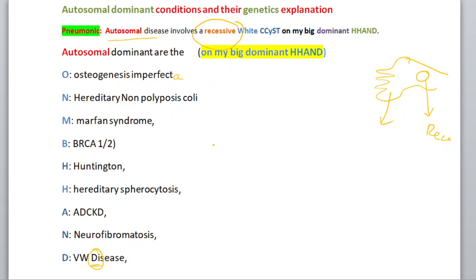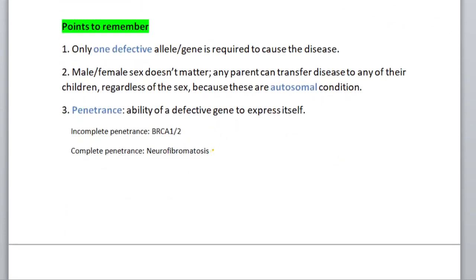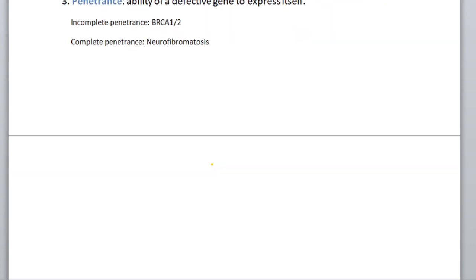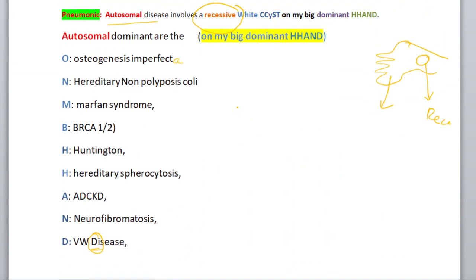The next thing I'm going to show you is points to remember. Now I will try to show you their genetic sequence. Suppose you have both parents, a mother and a father.